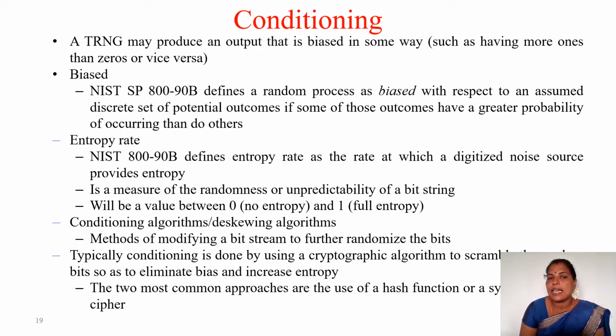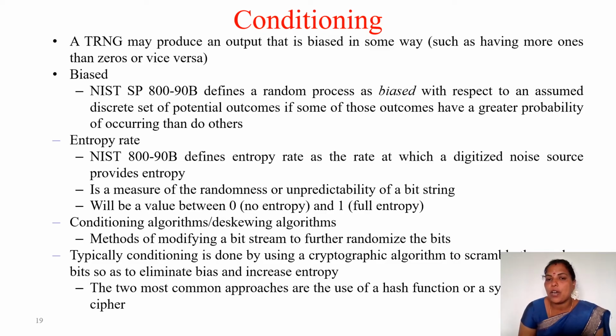NIST SP 800-90B defines a random process as biased with respect to an assumed discrete set of potential outputs if some of those outputs have a greater probability of occurring than others. Then another term, the entropy rate. NIST 800-90B defines the entropy rate as the rate at which the digitized noise source provides entropy.